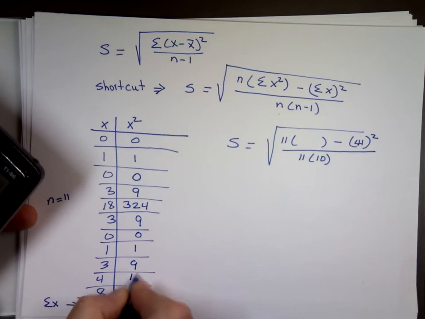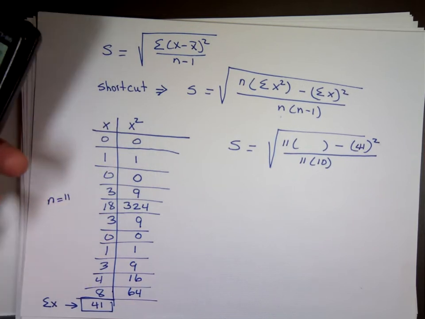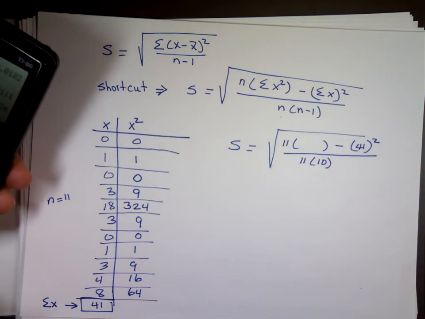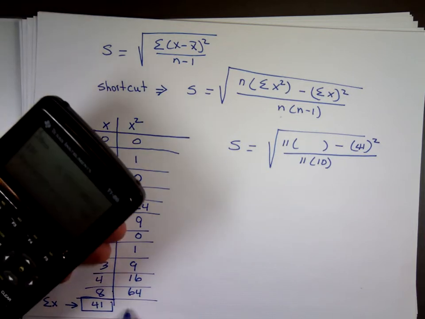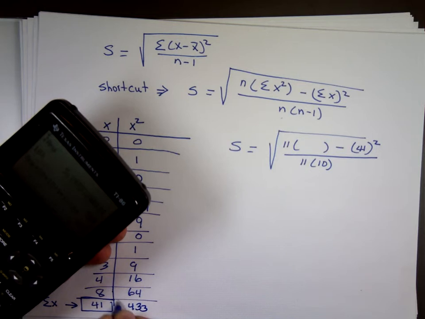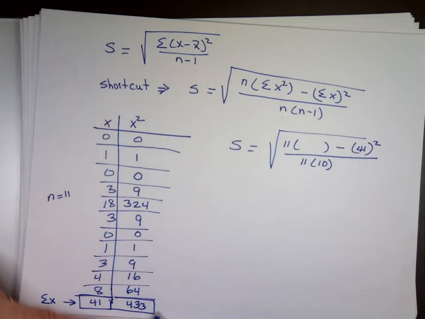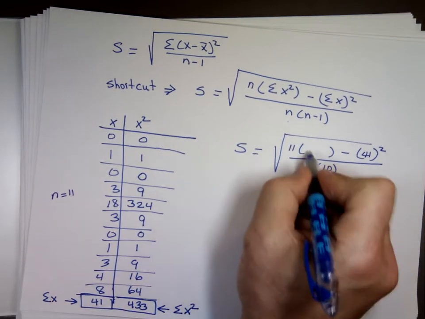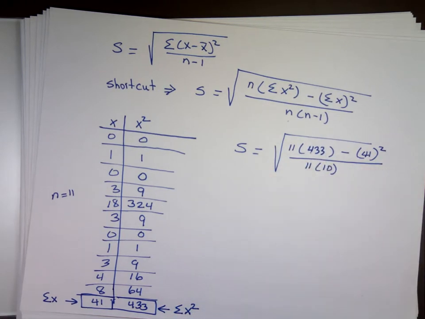And 8 squared is what? 64. And I came up with an answer of 433. That's it. No decimal, no crazy numbers. This number is the summation of x squared, and it goes right here. Now I have everything that I need. Done.